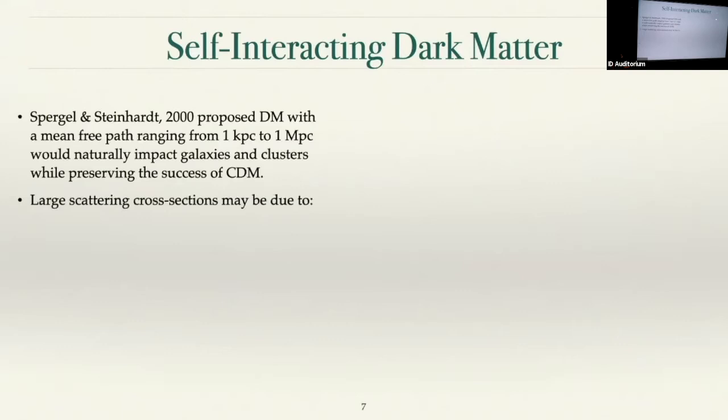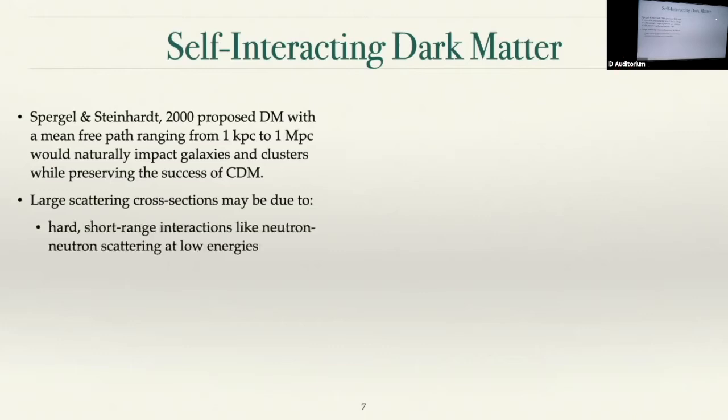The cross-sections that they proposed were somewhere between 10^-1 to 10^2 centimeters squared per gram, where a centimeter squared per gram is approximately a barn per GeV. That's similar to neutron-neutron scattering. And so you can get this from hard short-range interactions like neutron-neutron scatterings at low energies.